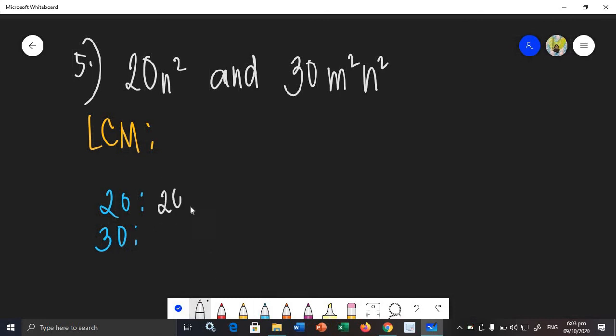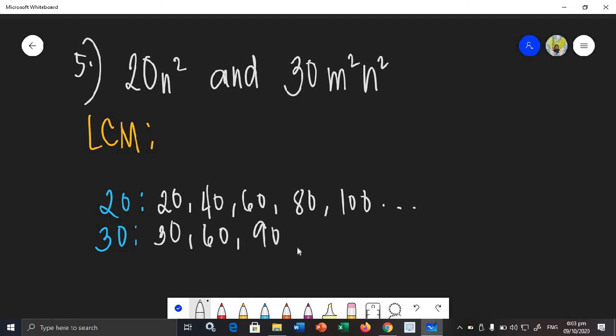We have 20, 40, 60, 80, 100, and so on. For 30, we have 30, 60, 90, 120, and so on. As you can see, the smallest common multiple is 60. Therefore, the LCM of 20 and 30 is 60. So, write 60 there.